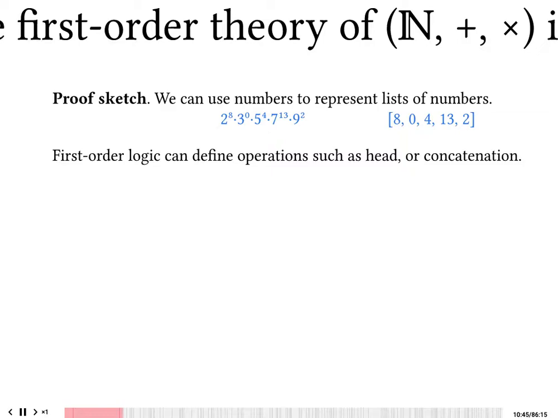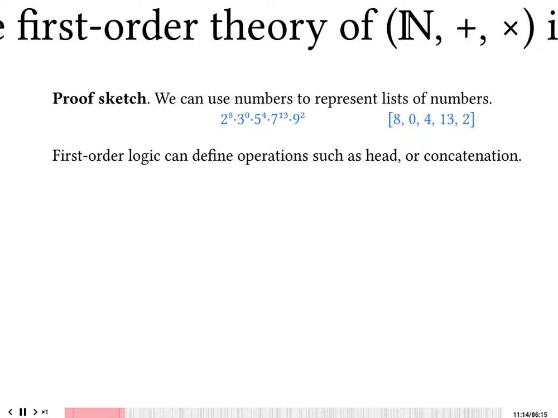And then the main thing is that this representation not only exists, but it can be formalized in first order logic. So list operations, such as taking the head of a list, where you input one number which represents a list, and you output another number which represents the first natural number on the corresponding list, or list concatenation, where you input two lists represented as numbers, and you output another list represented as a number, which is their concatenation.